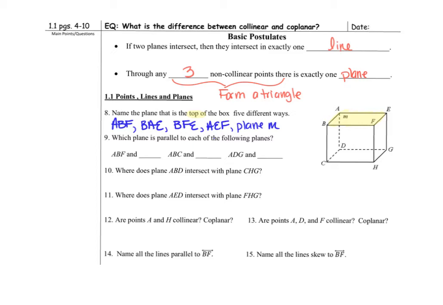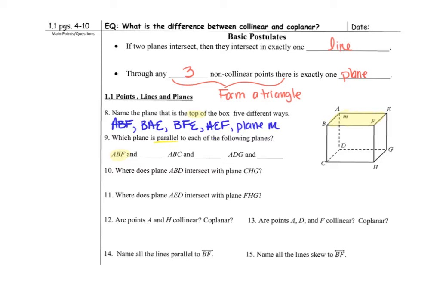Next we're going to be looking at parallel planes. If I look at ABF, which is the plane that I highlighted on top, we want to figure out which plane is parallel. Remember, you're thinking of 2 sheets of paper that aren't touching, one on top of the other, that would be parallel.